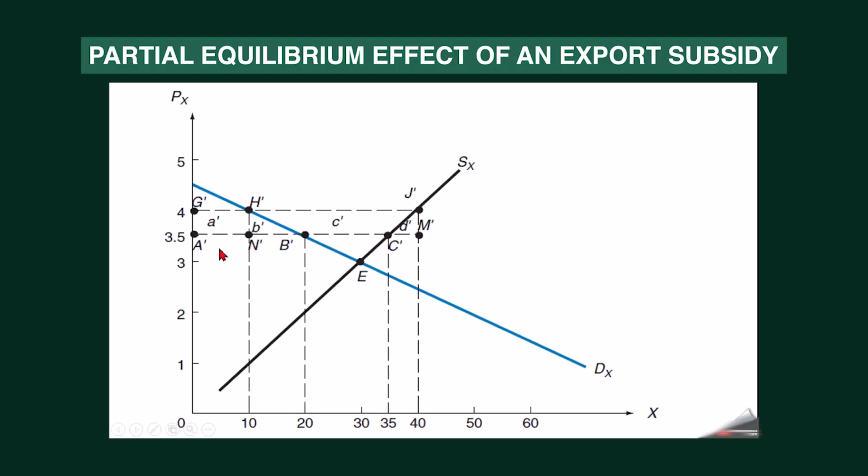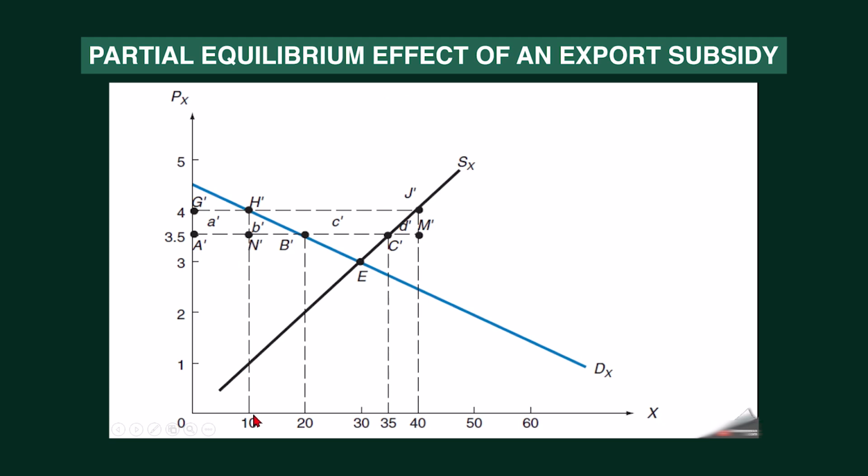If we see that DD represents the demand curve and SS represents the supply curve of the country. Now suppose 3.5 is the world price for the commodity. At this price, the country is producing 35 units of the good and the domestic demand is 10 units of the good.